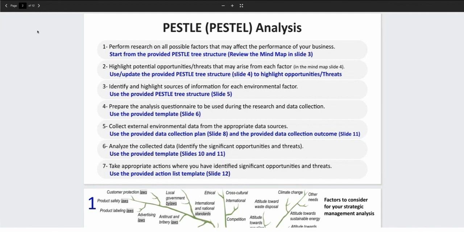We will identify the significant opportunities and threats, and then, at the end, write about the appropriate actions that have been identified in the previous activities of the PESTEL analysis, in order to come up with a tabulated summary, a table where we make suggestions and propositions to the business in order to improve their business and to prevent any issue that may come on the road for the business.